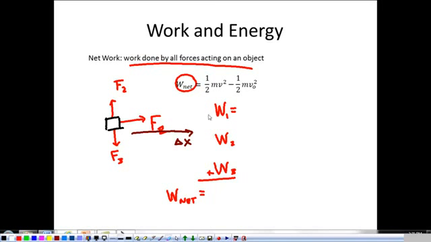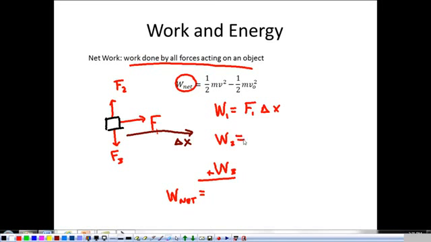So in this case, I screwed up our numbering. That is supposed to be force 1, and our delta x is supposed to be in that direction. So work 1 is going to be force 1 times delta x, because force 1 is in the same direction as delta x.